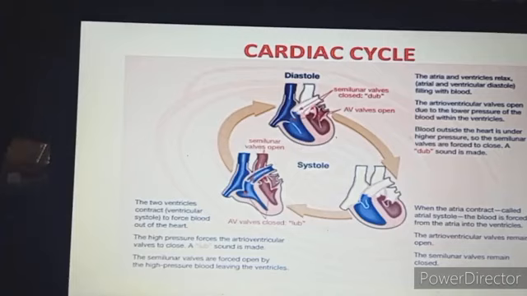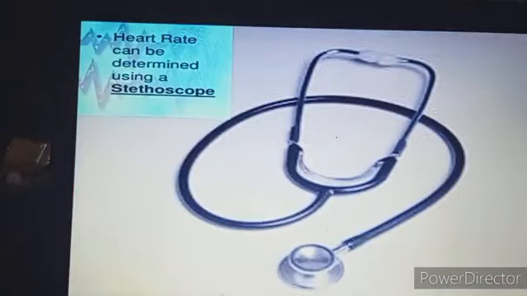Now, how can you hear this lub dub sound? There is an instrument which is required to hear the heartbeat of a person. So, a heartbeat can be heard by a device called stethoscope. What is it called?